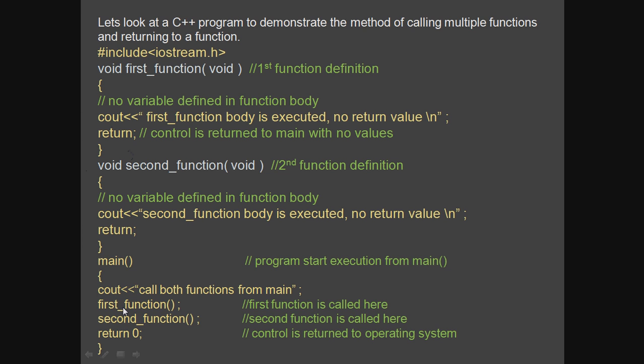Suppose you have a calculator program. Suppose you have calling functions for addition, subtraction, multiplication, and division. So similarly, four call functions will be there. That means four function bodies.